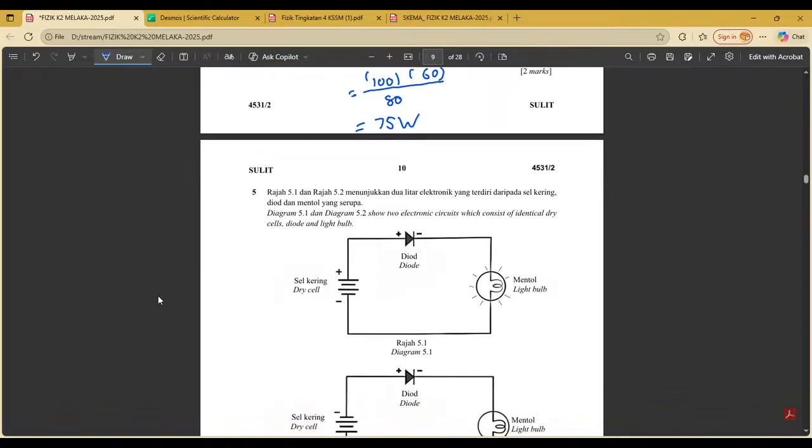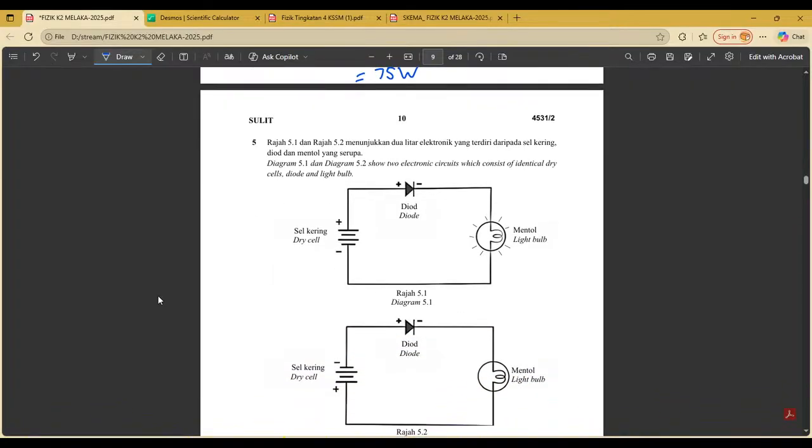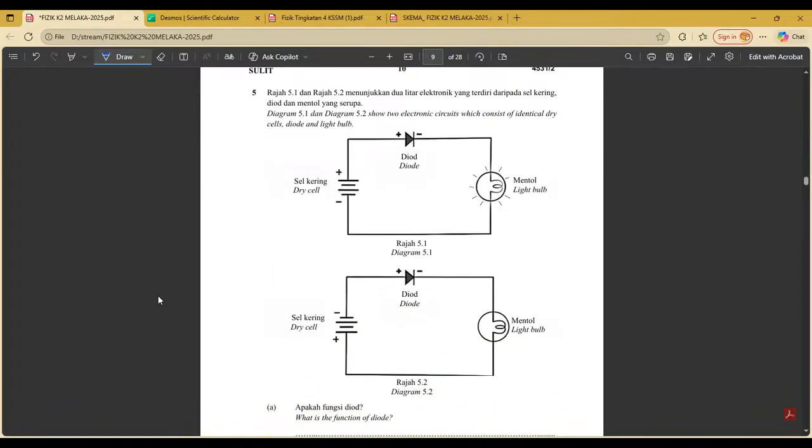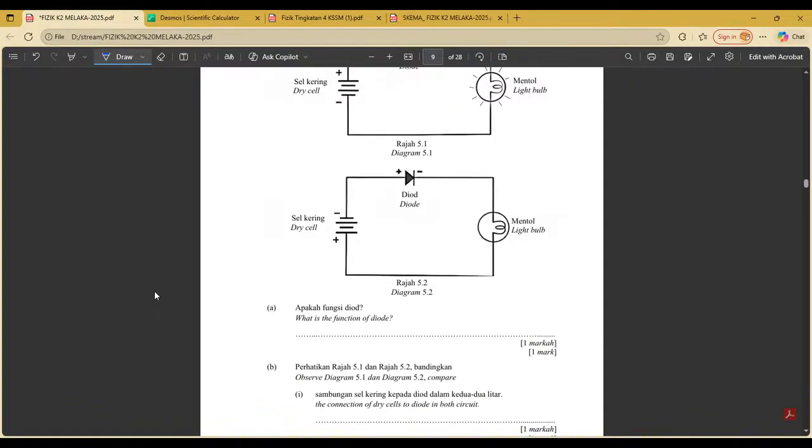Okay, diagram 5.1 and 5.2 show two electronic circuits which consist of identical dry cells, diode, and light bulb. What is the function of the diode?